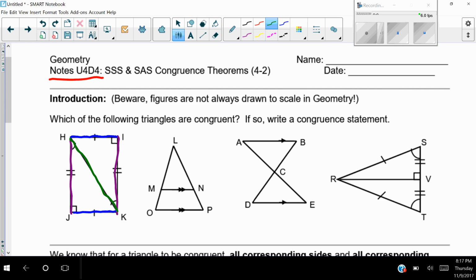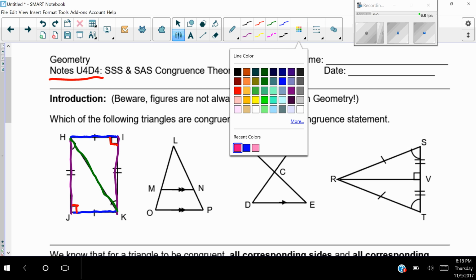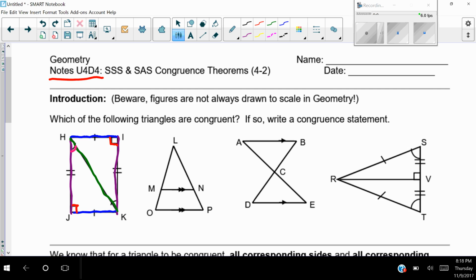So now we need to look at the angles. They're congruent. We know that this is, I'm going to do red. So this is a 90-degree angle, which is congruent to this 90-degree angle. And we know that this angle has one congruency mark, equal to this angle that has one congruency mark.